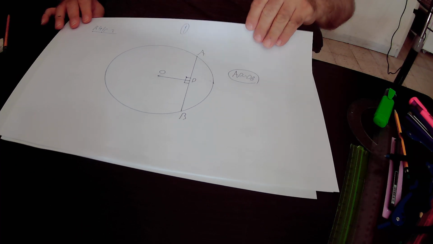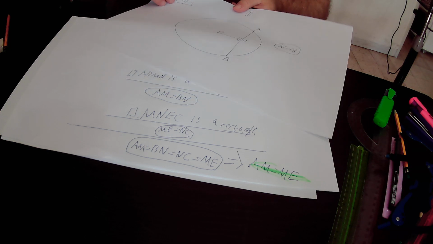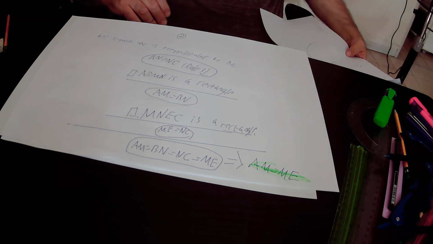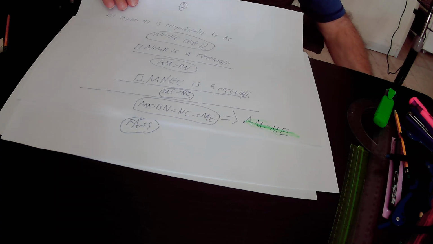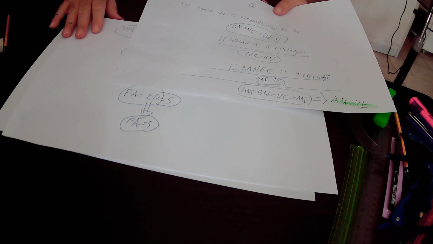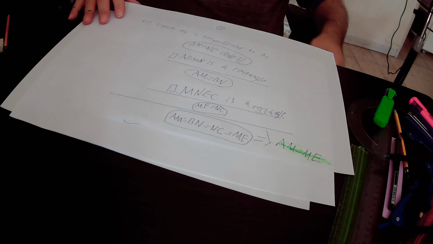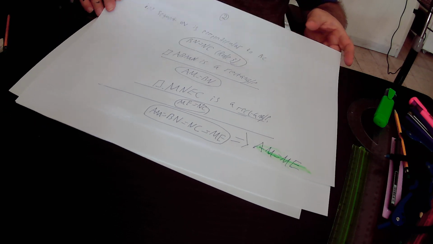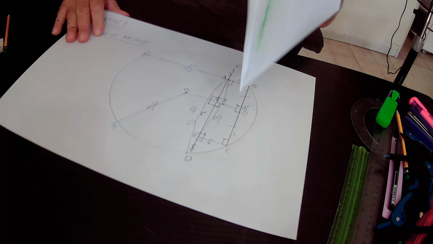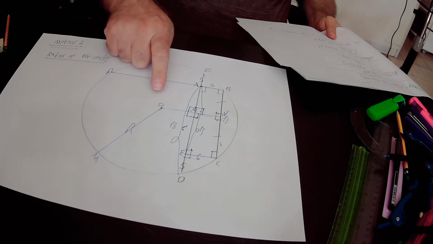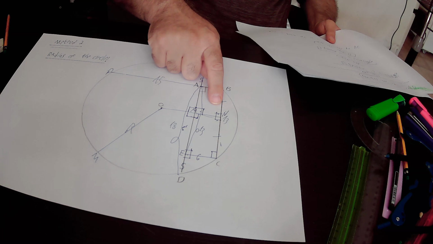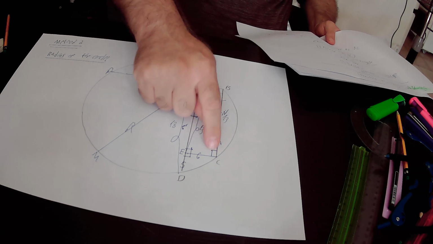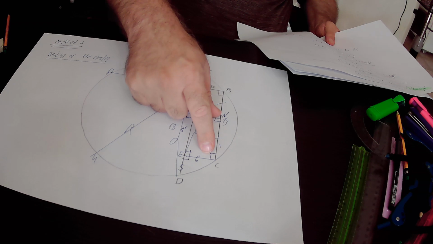We can actually implement rule number 3 in our drawing. Why? Because here the perpendicular ON bisects chord BC. That is to say, BN equals NC according to rule number 3.